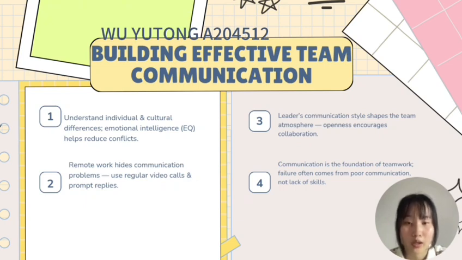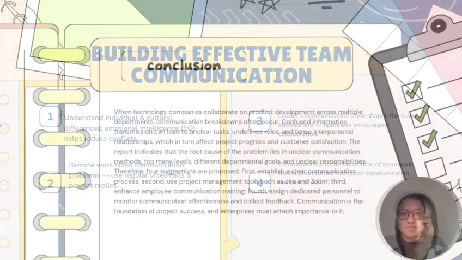Also, the way a leader communicates shapes the whole team. If leaders are open and listen, the team is more likely to share and cooperate. So, good communication is the foundation of teamwork. Many project failures happen not because people don't have skills, but because they don't know how to work together.